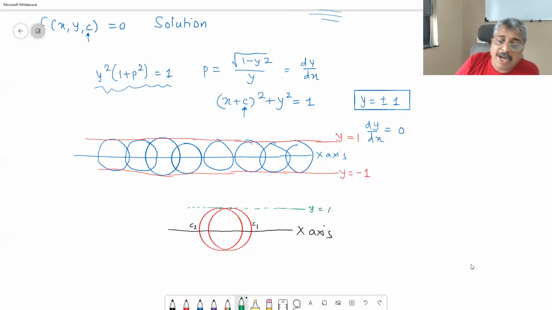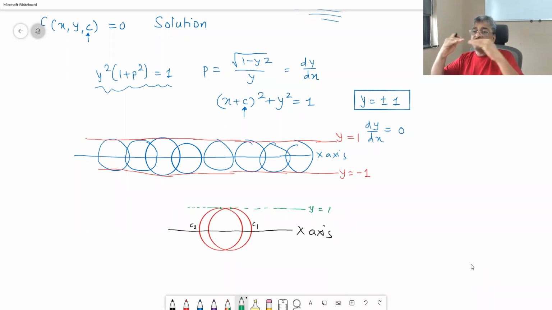And therefore the y is equal to 1 line also satisfies the original differential equation, because at this point the slope of tangent is 0 for C1. At the corresponding point, the slope of tangent to C2 is also 0, and now C1 and C2 are coming closer to each other.